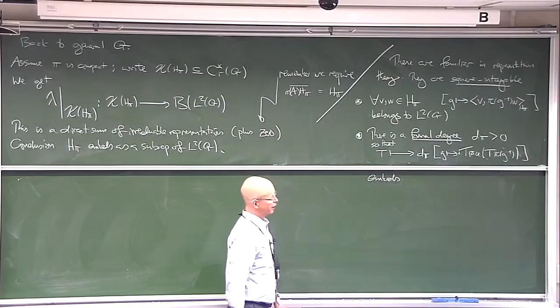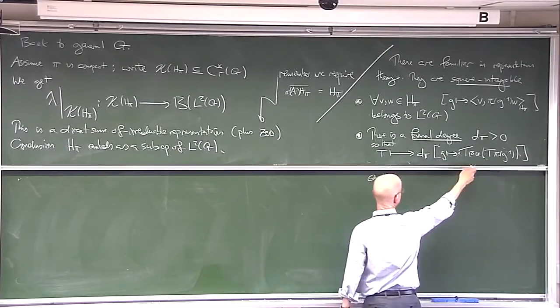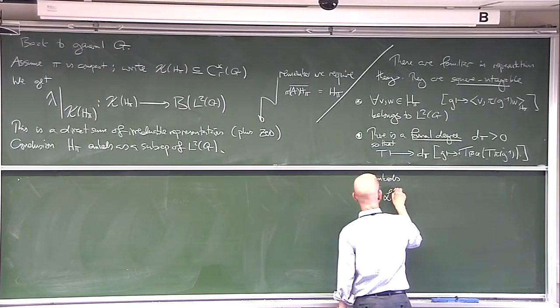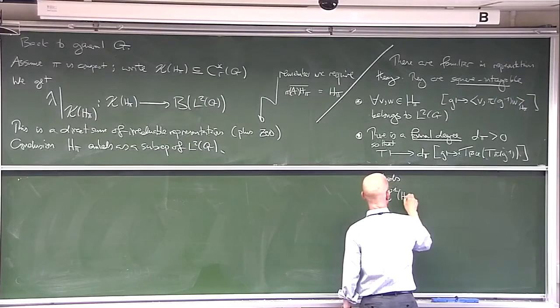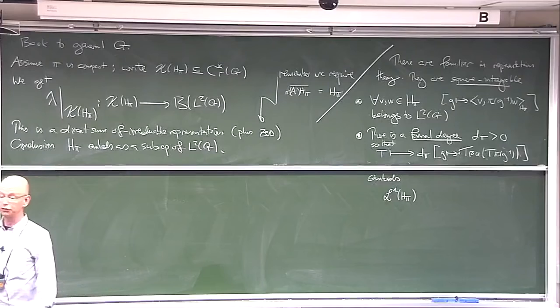Well, for this formula to make sense, you need to be dealing with operators for which there is a trace here. So one could start off with the so-called algebra of trace class operators, the operators which have a sensible trace.